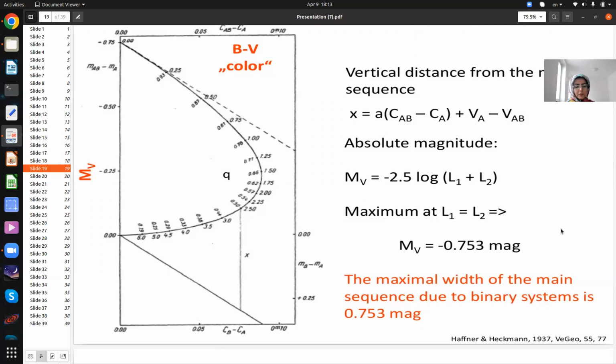And for binary stars, the magnitude width in the HR diagram in M_V is 0.753 magnitude, because the original molecular cloud was not homogeneous in metallicity. And you see here the color magnitude diagram.